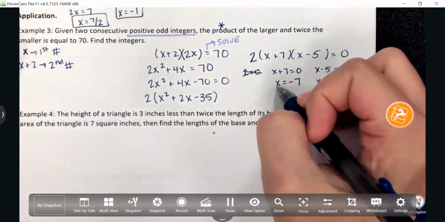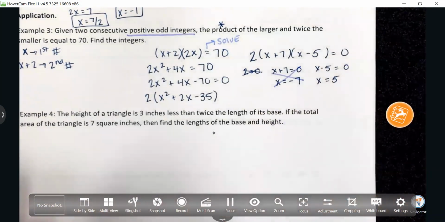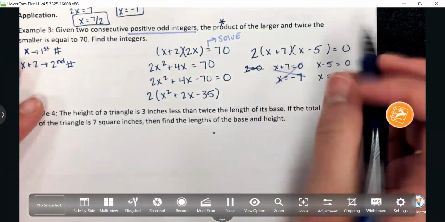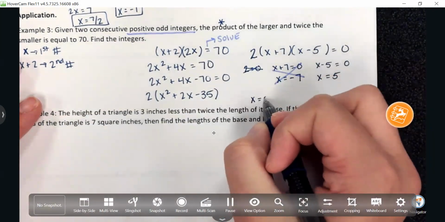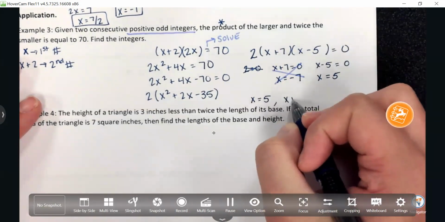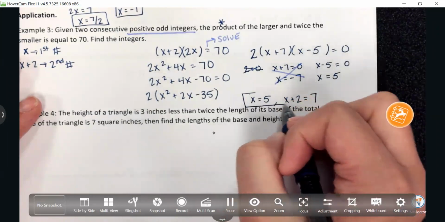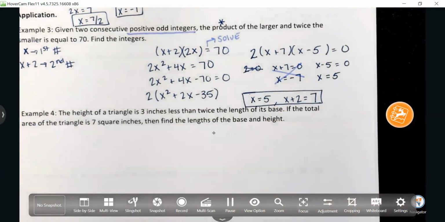It can't be -7 because it had to be a positive integer. So my answer says find the integers. If x equals 5, what does x plus 2 equal? 7. So my odd consecutive integers are 5 and 7.